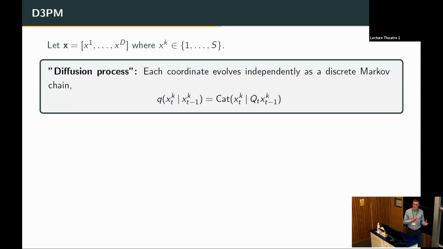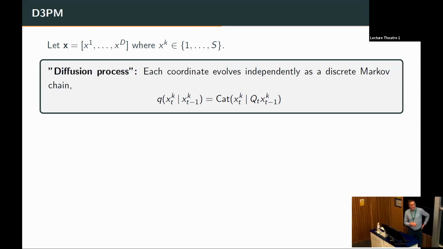But in order to stick somewhat close to what we have seen so far, we can still make use of the same idea of a diffusion process where we first take a sample from the training data, simulate some stochastic process to add more and more noise so that we eventually end up with something that is simple to sample from, and then we try to learn the reversal of that stochastic process.